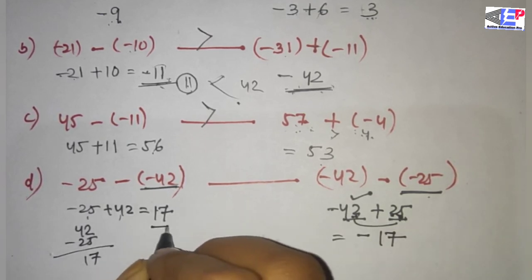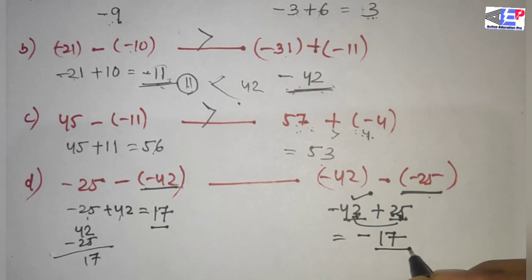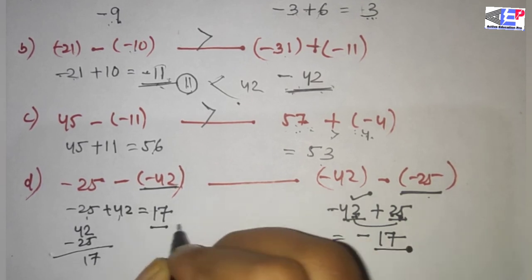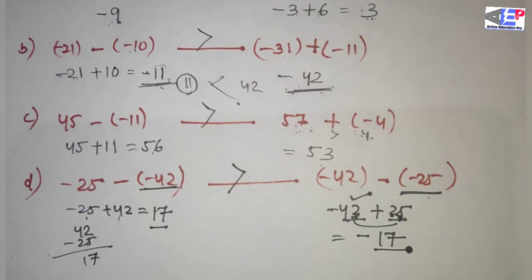Here the answer is 17, and at the right side the answer is minus 17. So you know a positive integer is always greater than a negative integer. So plus 17 on the left side is greater than the right side expression. So this is all about questions 1 and 2 from exercise 6.3 of the chapter Integers of Class 6 NCERT mathematics.